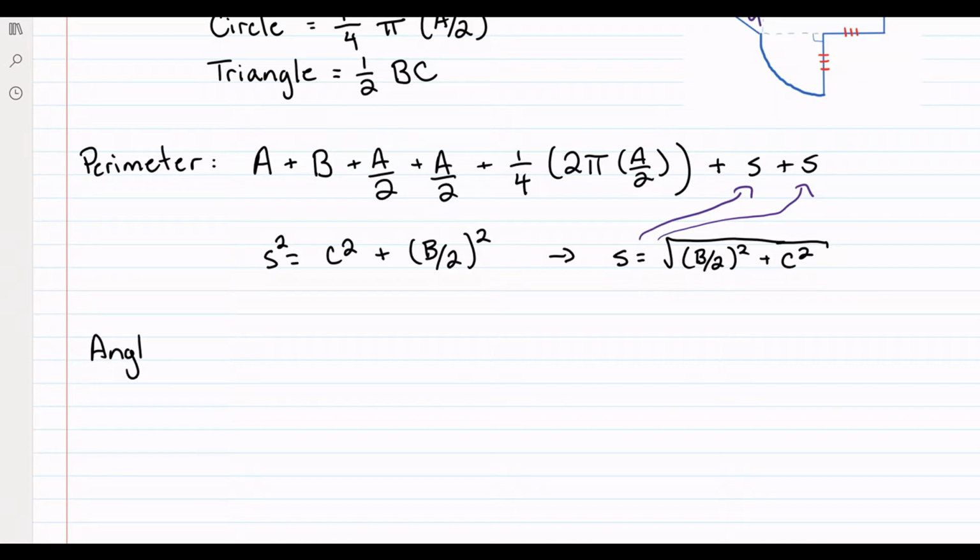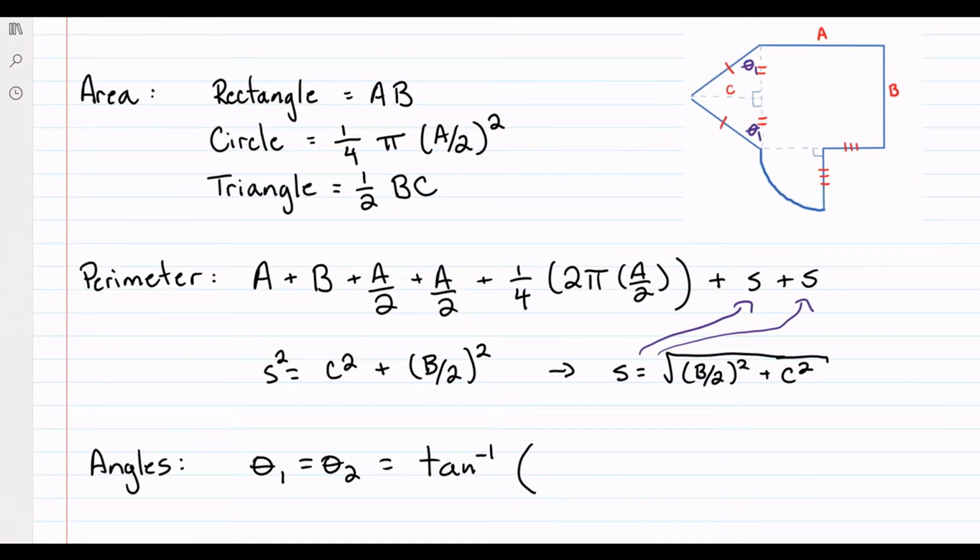So my theta 1 is equal to theta 2, those are the two equal angles, which would be the inverse tangent of the opposite, which was C, divided by this length here, which is b over 2.